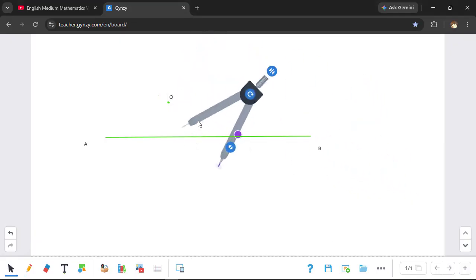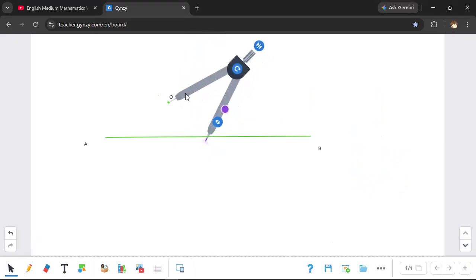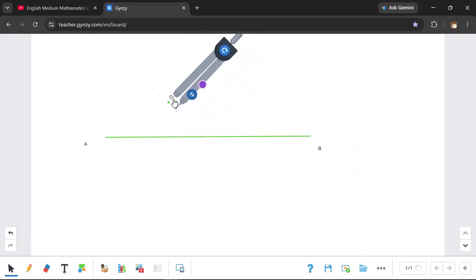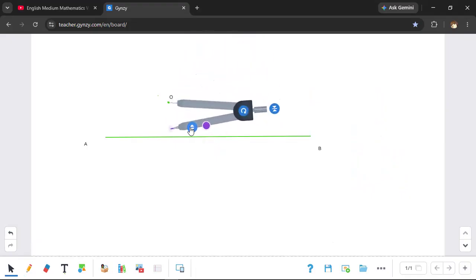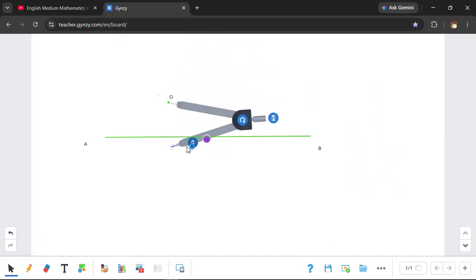I will take my pair of compasses and place the point on top of O. The distance is the distance between the point and the line, and I will take a little bit more than that.